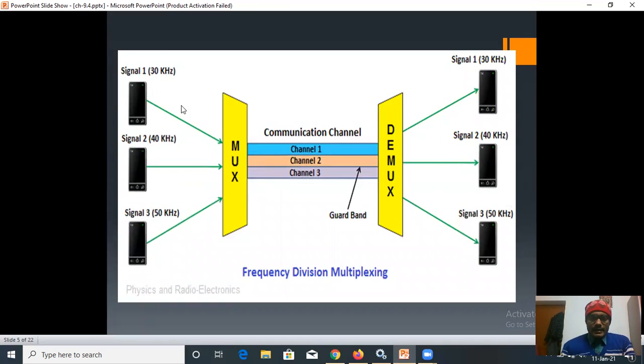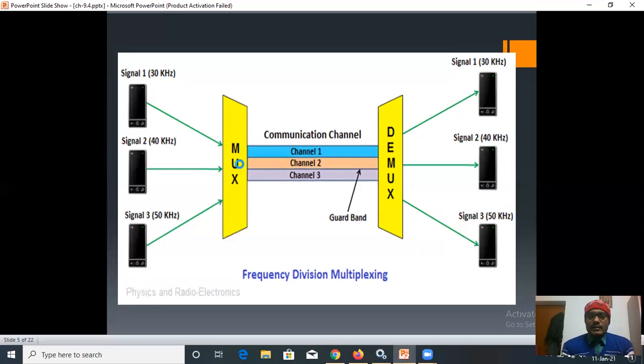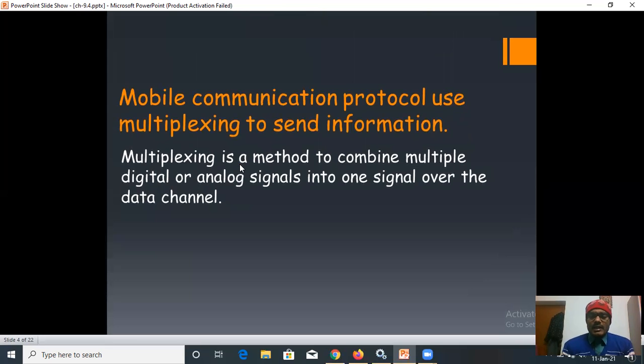So here at the left side, you can see multiple signals are converted into a single signal so that it can be transmitted to another destination. And here MUX is doing that work. That is the multiplexing.